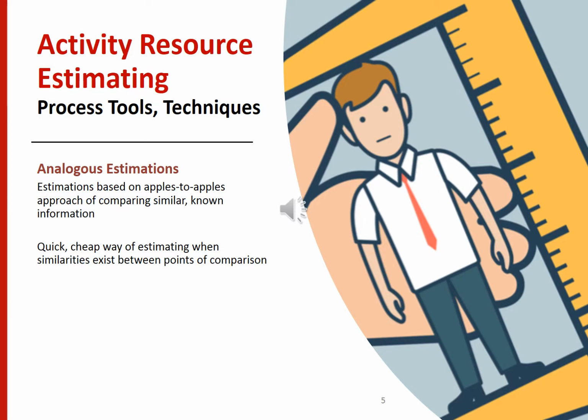This means that the more data that is available, the better the estimate will be. Thus, collecting data for each project will build up a database that can be used in future projects for comparisons of cost and time. When can analogous estimating be used?